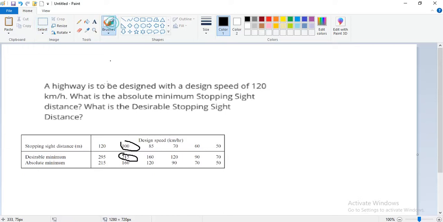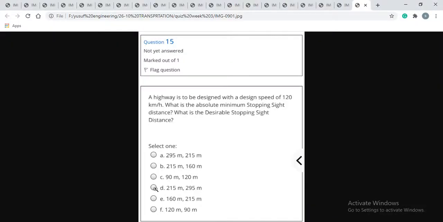The design speed of 120 is this. What is absolute, and what is desirable? So the absolute is 215 and the desirable is 295. So the answer will be 215, 295. The option D is correct.